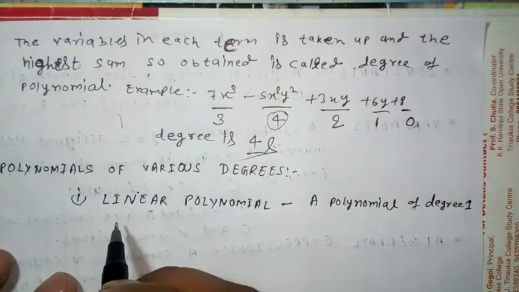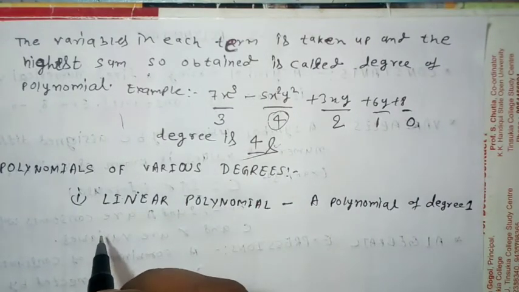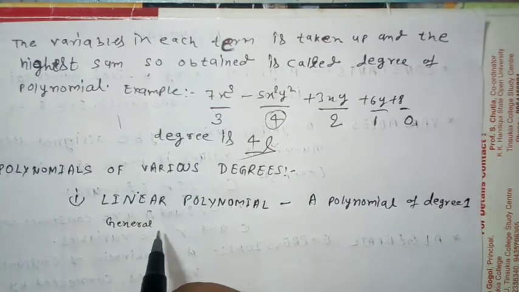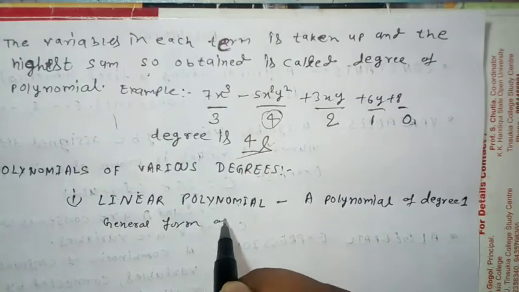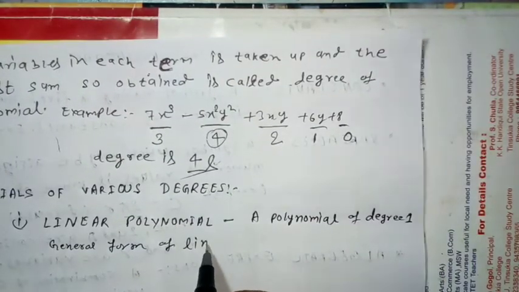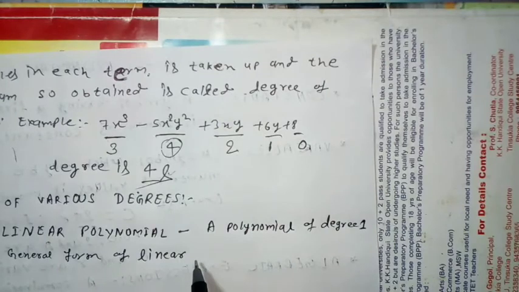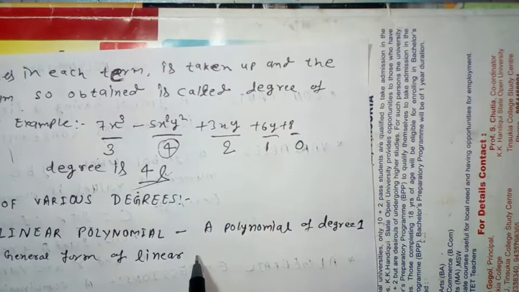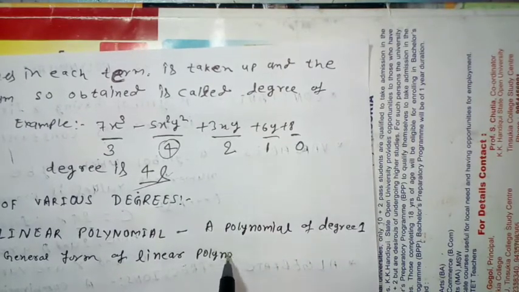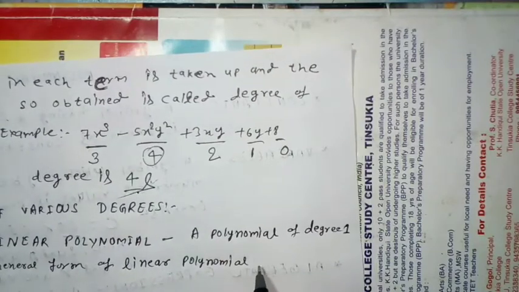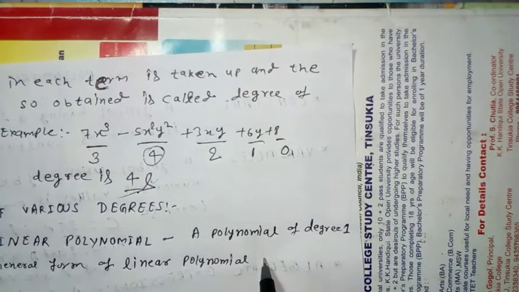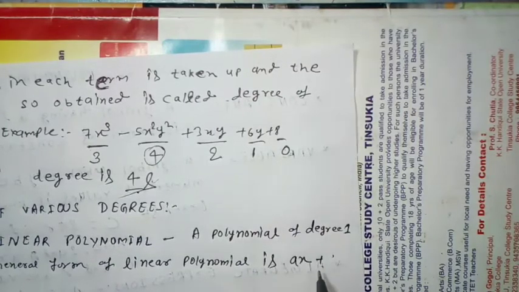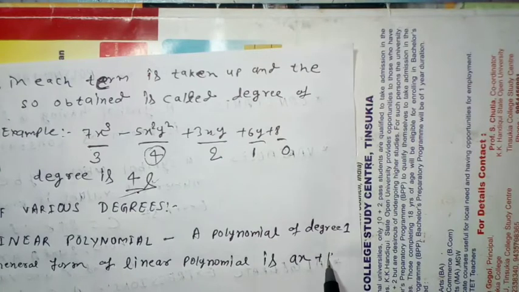Okay, the general form of a linear polynomial is ax plus b.